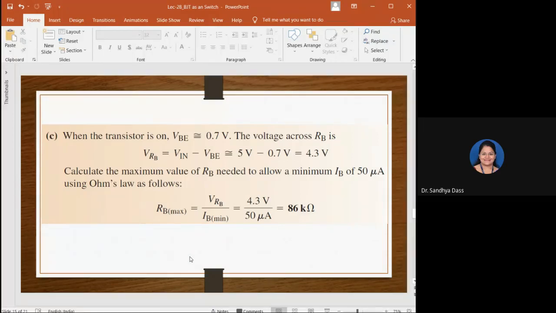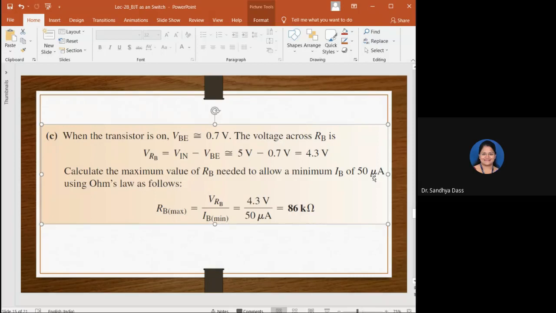Now we already know that applying KVL at the input, VRB is equal to Vin minus VBE. VBE, when it is forward biased, we always take as 0.7 volts. We want RB, and this VRB is nothing but IB into RB. IB you have just calculated: this is the minimum base current required, 50 microamps.